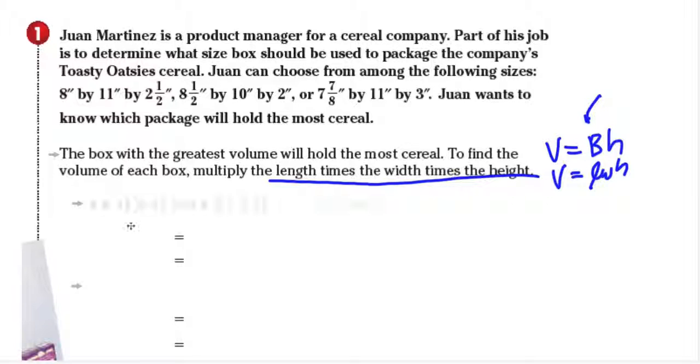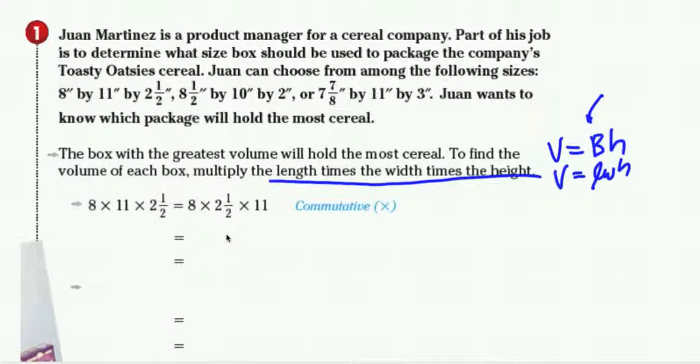we now have 8 times 11 times 2 and 1/2. 8 times 2 and 1/2 times 11 using the commutative property. Okay, we moved 2 and 1/2 and 11.